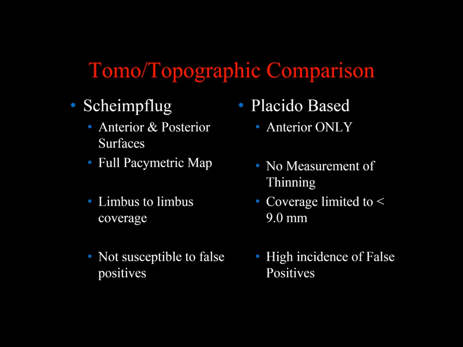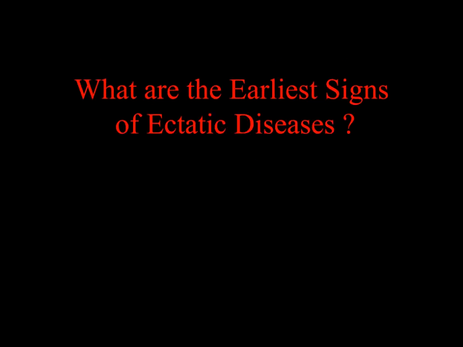And because Placido is curvature-based, there's a high incidence of false positives, as I showed you in some of those early slides, where that same astigmatic test object had totally different curvature maps, one looking highly suspicious for keratoconus when it was a normal astigmatic surface. Elevation is not, or less, susceptible to those false positives.